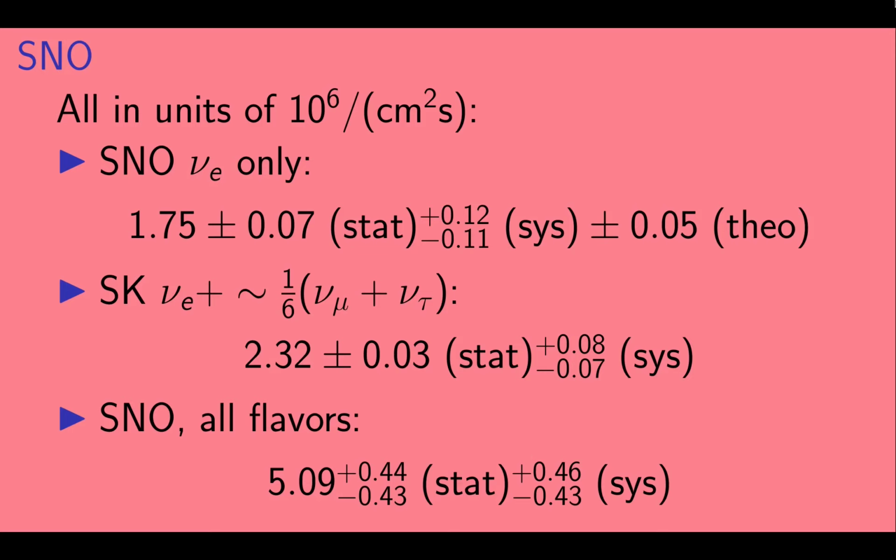And at the bottom, we have a result from Snow that measures the total neutrino flux of all three flavors. By comparing the top and bottom numbers, we can see that the electron flux is only a smallish component of the total. Also, we can see that the guess we got for the total neutrino flux by eyeballing the first two results was not that far off. We said 5.4, and it's actually 5.09.